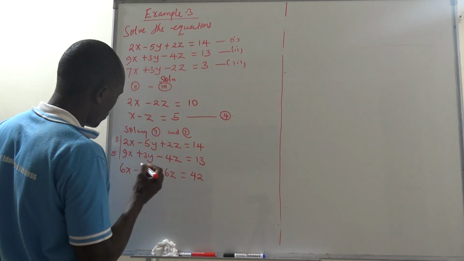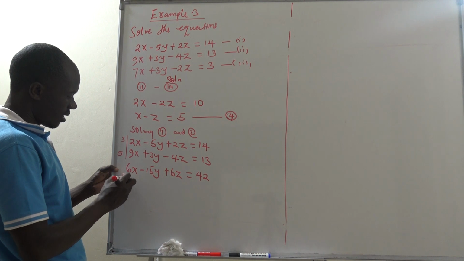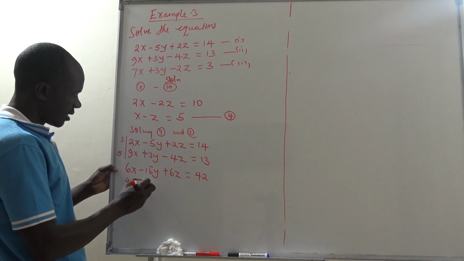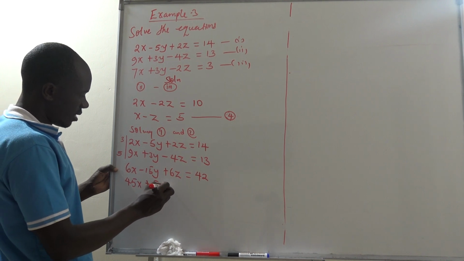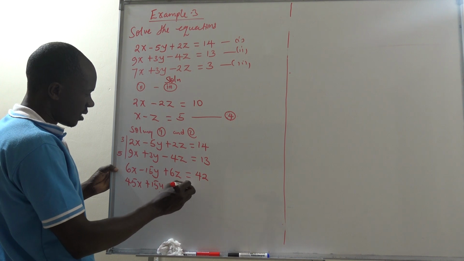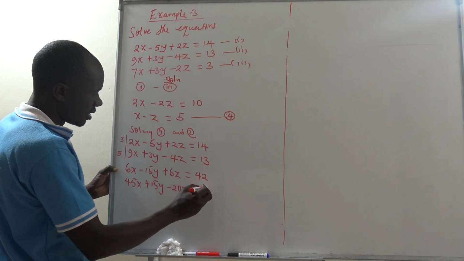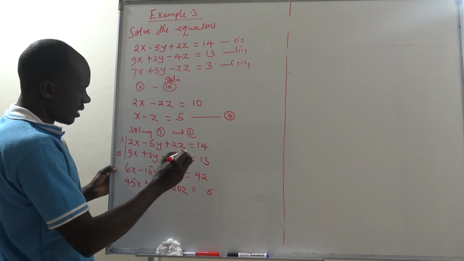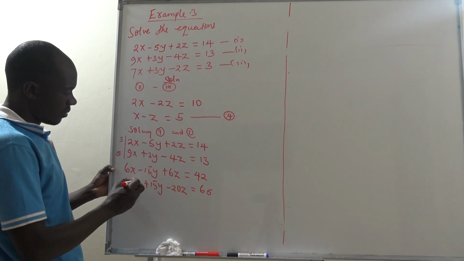Then 5 times 9, we are getting 45x plus 15y minus 20z equals 5 times 13, that is 65.